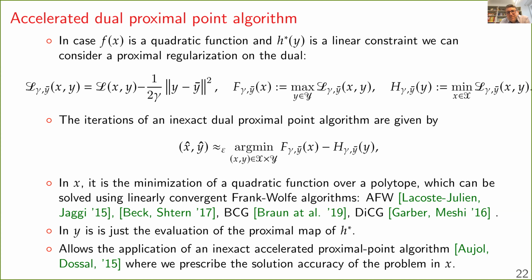For example, I tried hard to understand how you can get this 1/n squared with a primal-dual approach. I don't see where the strong convexity comes from. At least I don't see it. Maybe for somebody from the audience it's obvious. I don't see it.